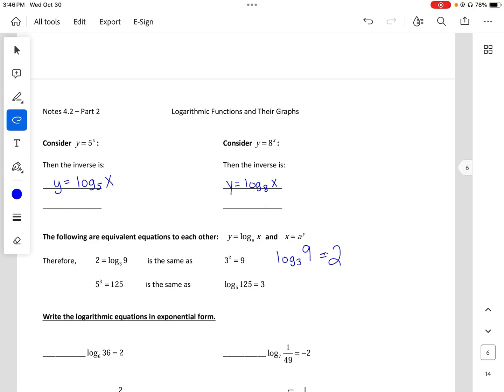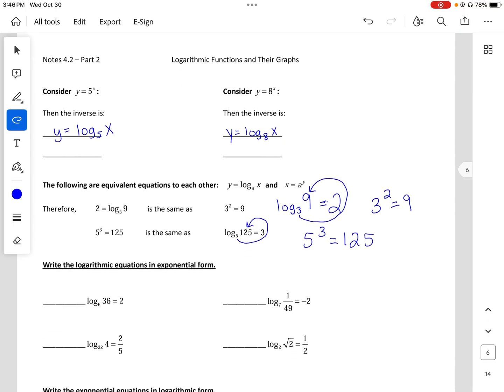So we're going to do a swirl: 3 squared equals 9. We're going to call this the swirl. All right, the other one is already written in the right order with log first. Log base 5, swirl. So 5 raised to the 3 equals 125, which is true.